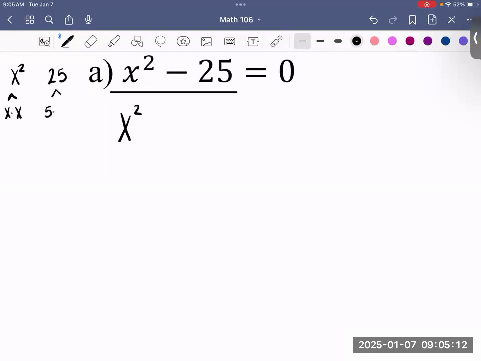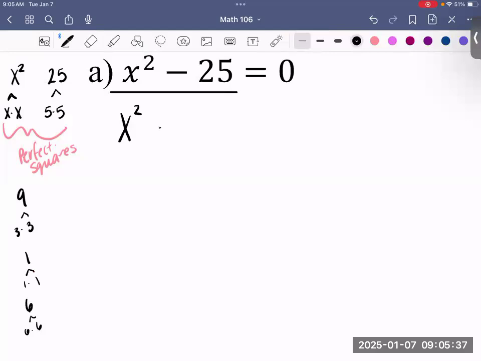Well, it's 5 times itself. So a perfect square. These are examples of perfect squares. What other perfect squares do we know? Well, 9. 9 is 3 times 3. 1 is 1 times 1. 36 is 6 times 6. Right? It's a number multiplied by itself.